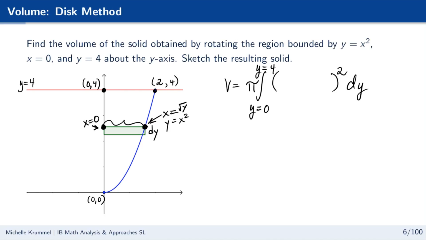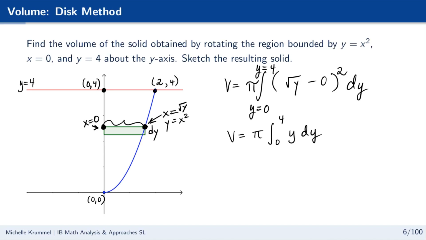Okay, so right x minus left x. It's just square root of y minus 0 squared dy. That's our setup. That's our volume right there. And we can clean this up a little. Volume equals pi integral from 0 to 4, the square root of y squared. The square root of y squared is just y dy.